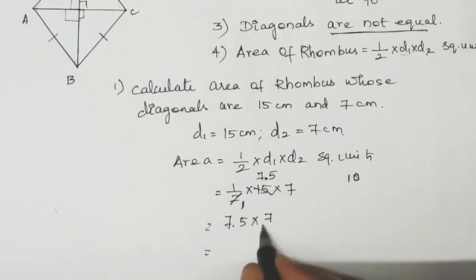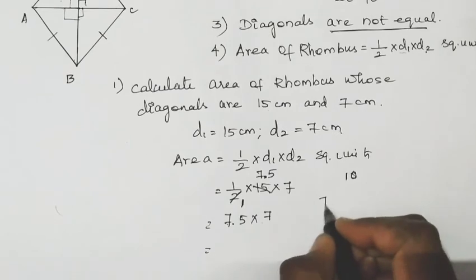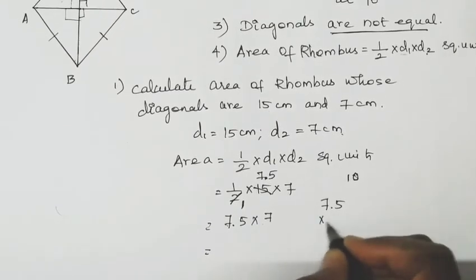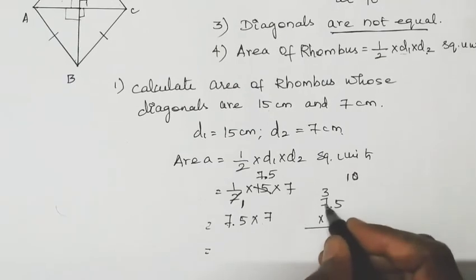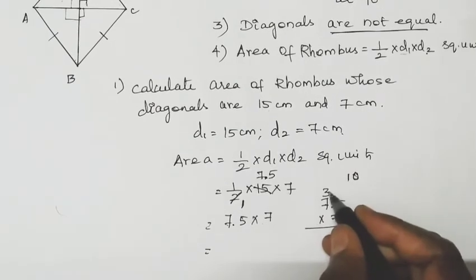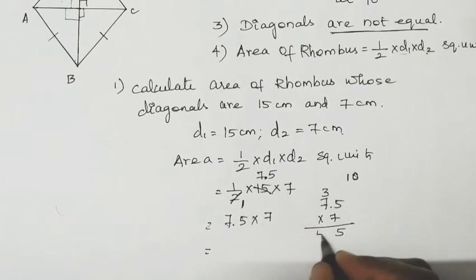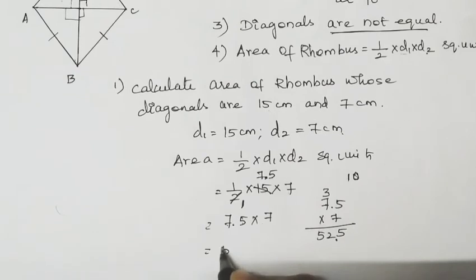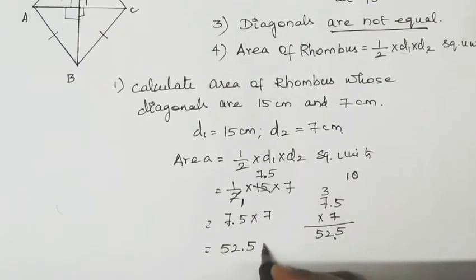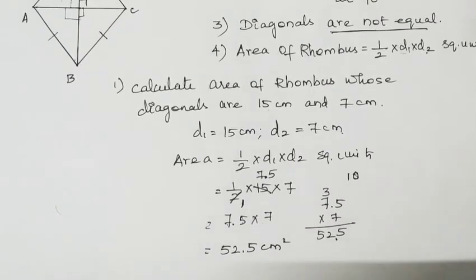Now multiply 7.5 into 7. 7 5s are 35, carry 3. 7 7s are 49. 49 plus 3 is 52. One digit after the decimal point, so keep a decimal here. So it is 52.5 centimeter squared. Is that clear, children? Okay.